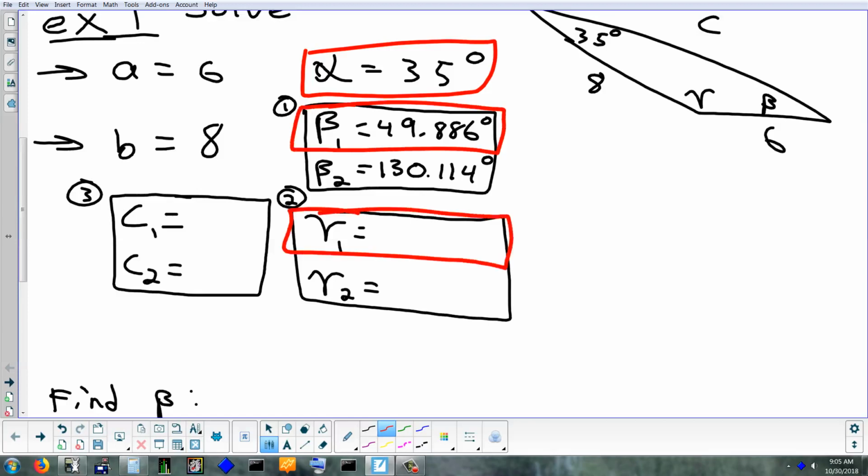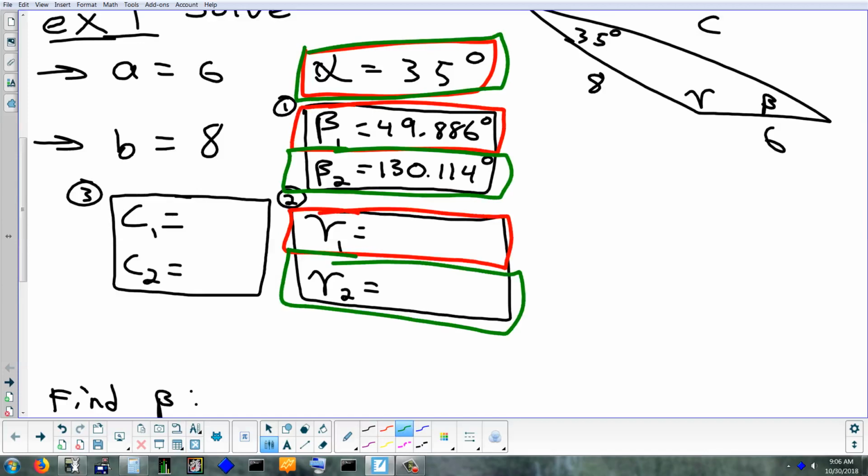Those three things that I just put in red all have to add up to 180. That's one triangle we're going to solve. The other triangle we're going to solve has alpha in it, beta 2, and gamma 2. So the three green boxes also have to add up to 180. That's a different triangle.